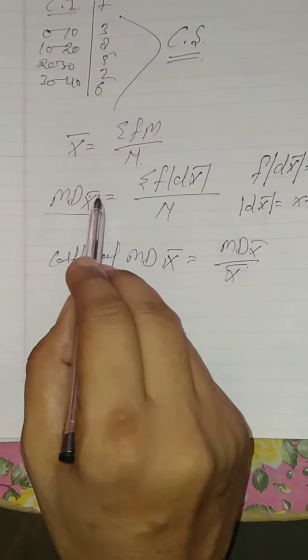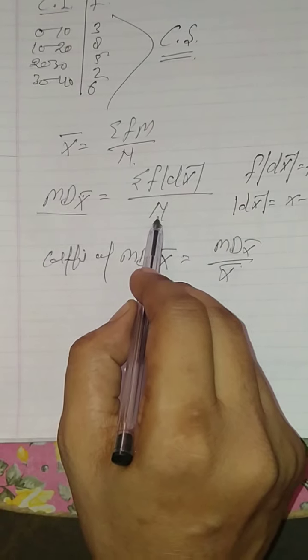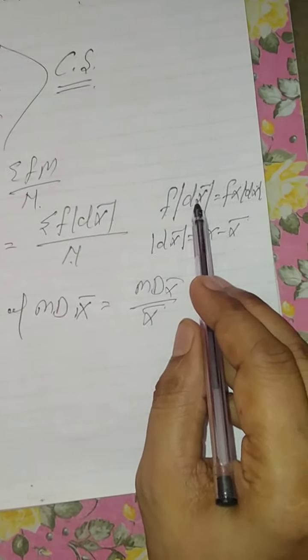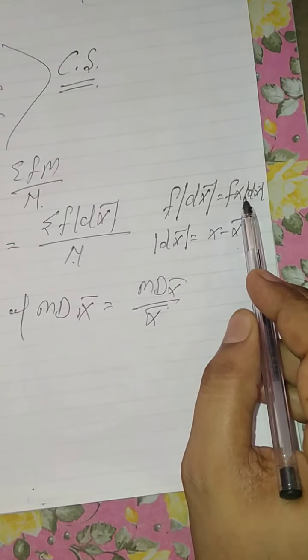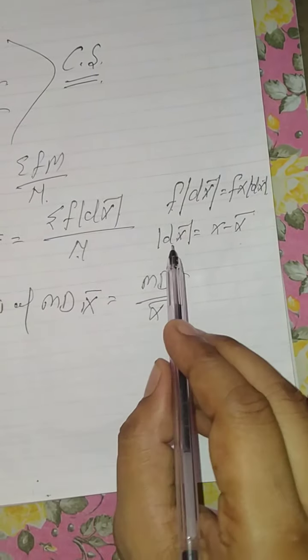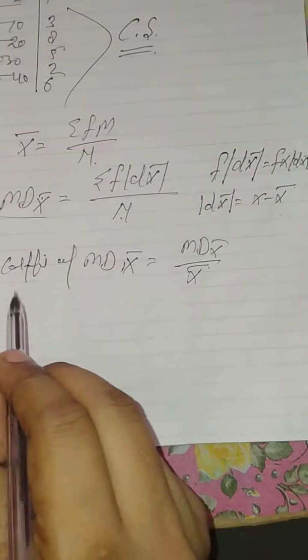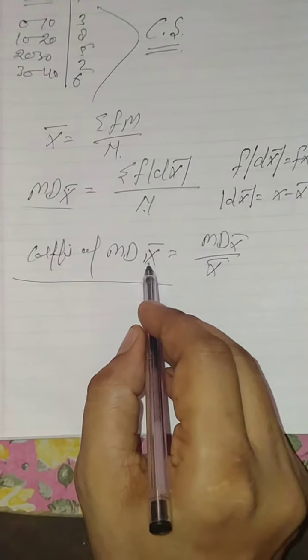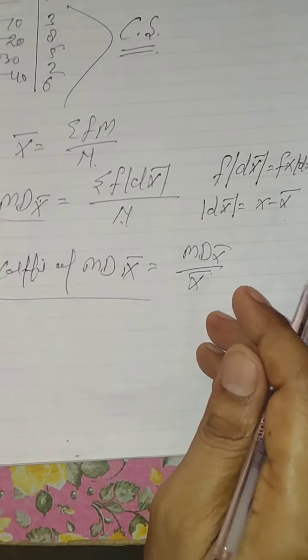Mean deviation by mean is equal to summation f |d| divided by n. F |d| is frequency multiplied with the deviation from mean, the formula x minus x bar. Coefficient of mean deviation by mean is equal to mean deviation by mean divided by mean. Clear, beta? We will solve the question.